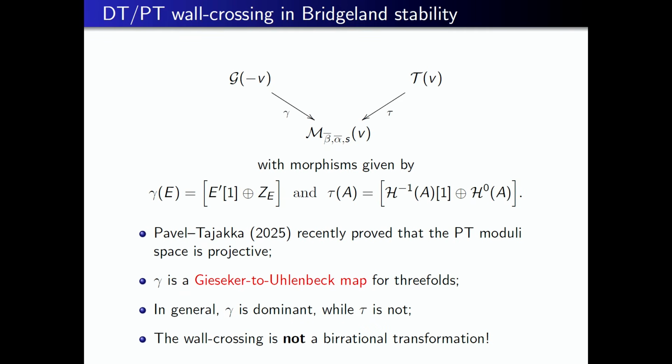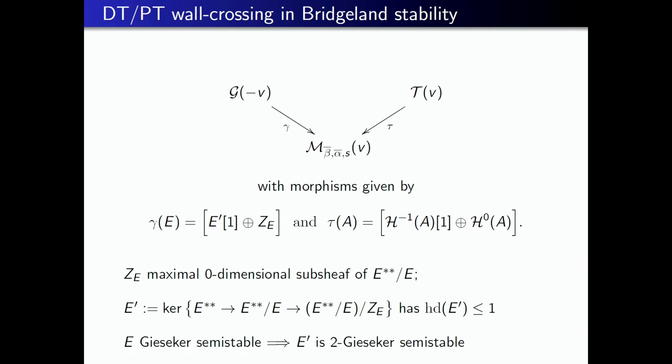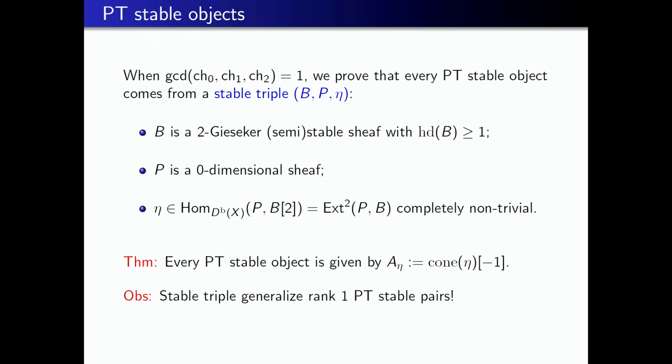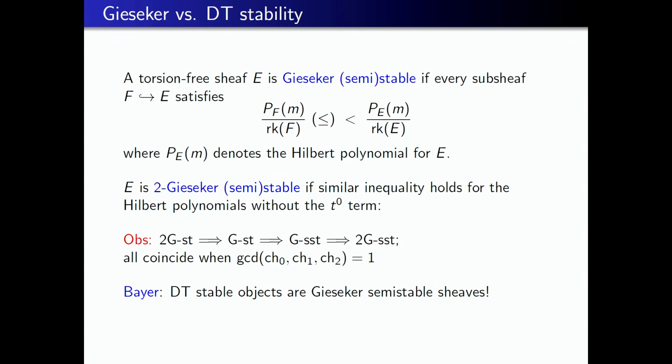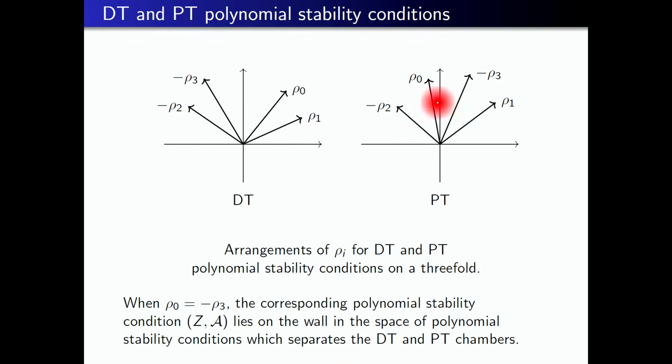So in this talk, a PT stable object is an object that is stable in the sense of Bayer's polynomial stability when the configuration of the rows is given like this, right?